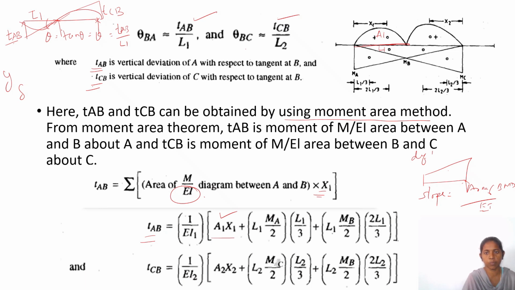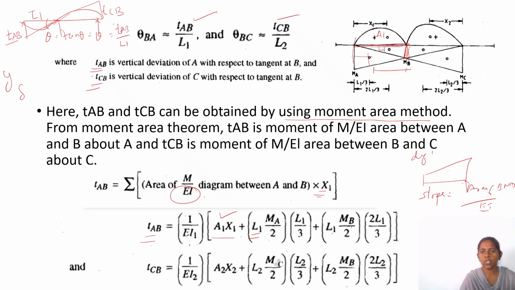So it is half BH, where B is the length and H is the moment, and from A it is L1 by 3, which is the centroid. Next, consider this triangle with MB: half into L1 into MB, that is the area of the bending moment diagram, into 2/3 of L1, the remaining distance.